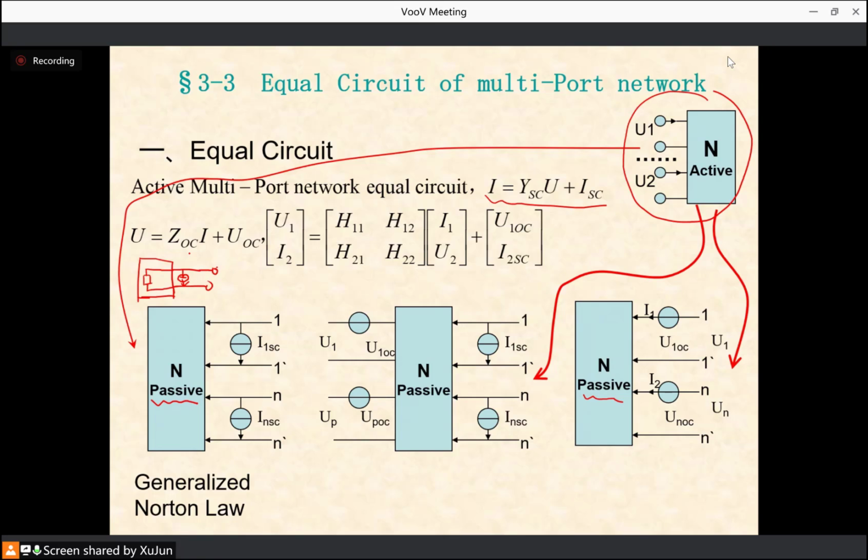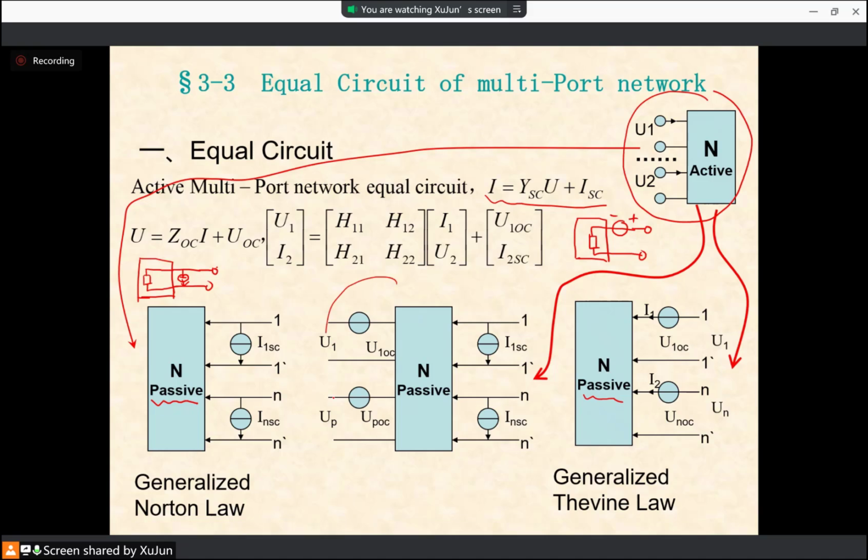This is the common Norton's law, and this is a generalized Norton's law for multi-port. This is the generalized Thevenin's law. For the common Thevenin's law, a network equals a resistor serially connected with a voltage source. So this is one port, and this is multi-port.